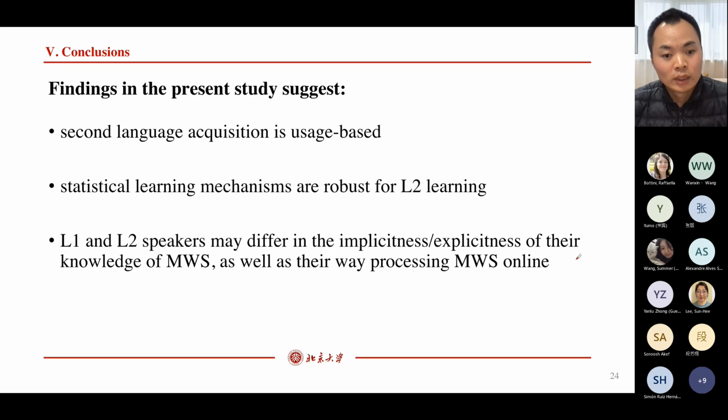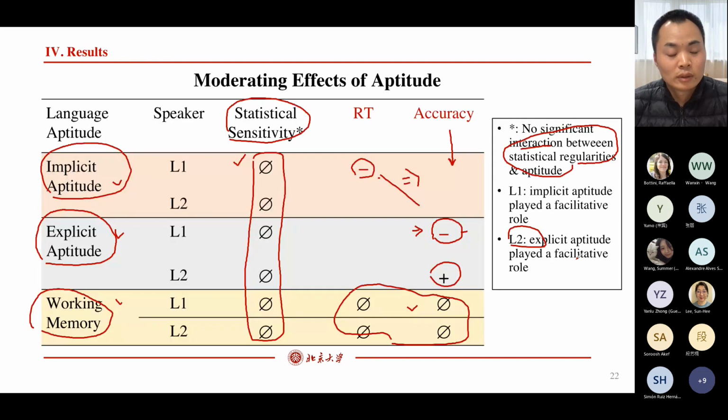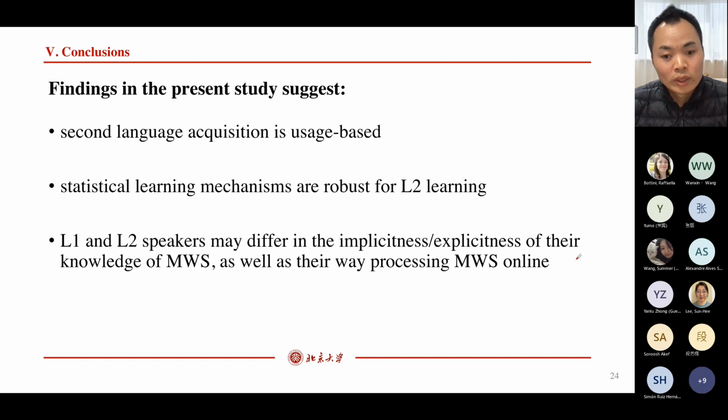As we can see in the previous slide, implicit aptitude and explicit aptitude play different roles for L1 and L2 speakers while performing phrasal acceptability judgment tasks for English collocations. And I think with more studies in the future, we are able to consolidate this finding and see if L1 and L2 speakers are indeed different in this respect.